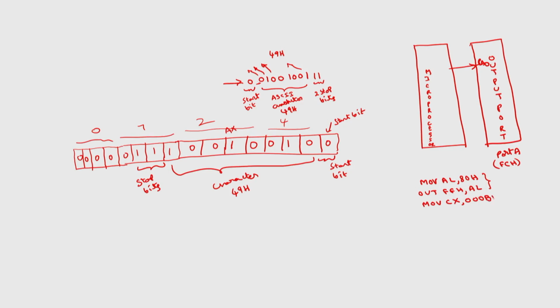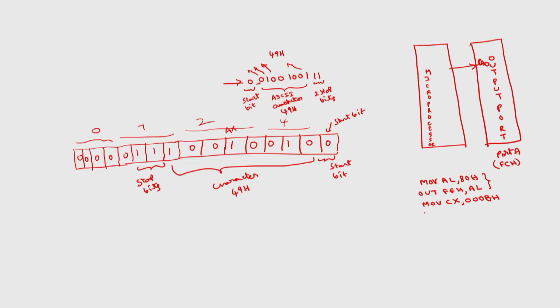000BH, the hexadecimal equivalent of 11 is B. Then, because I have to send on PA0, in AX I will take the total: the character, start, stop bits and the remaining bits as zeros. So, this will be 0724H.